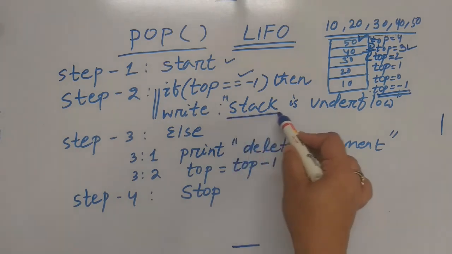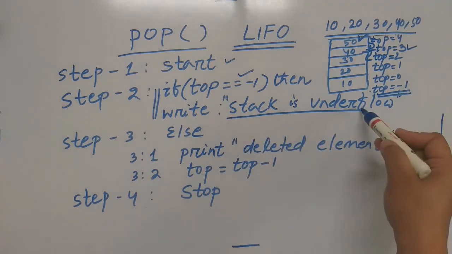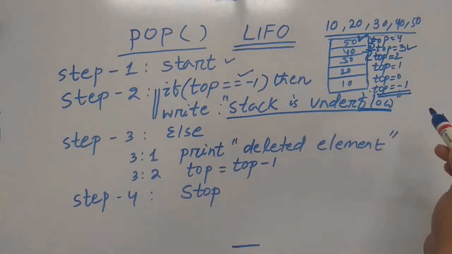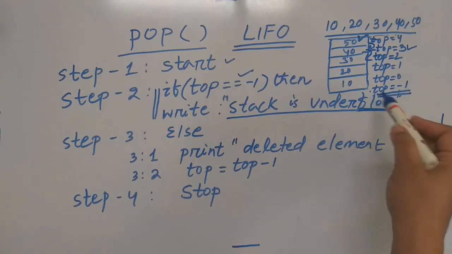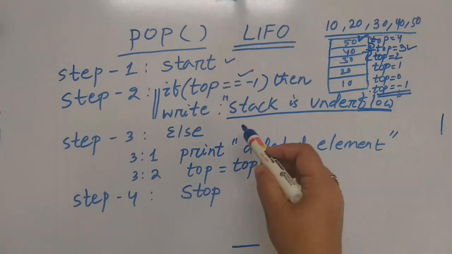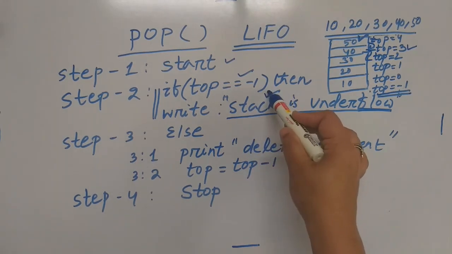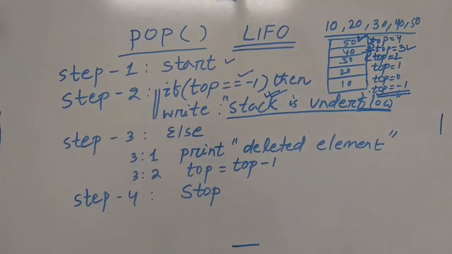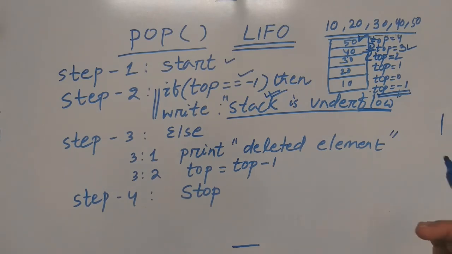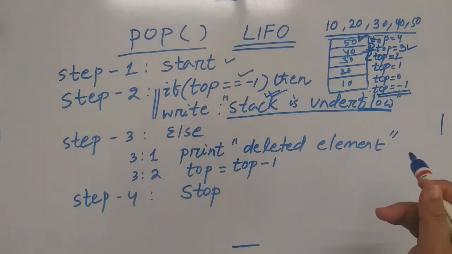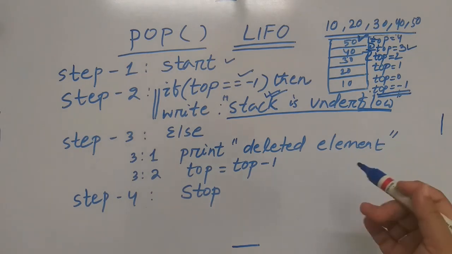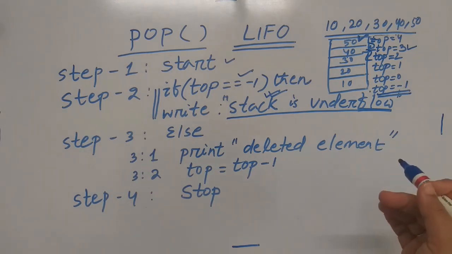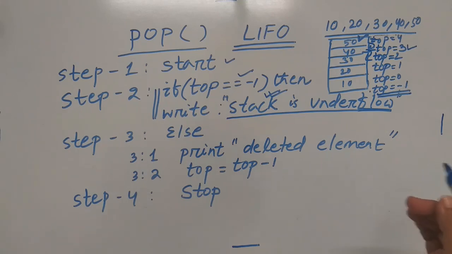So we write stack is underflow. That means there is no element left to delete from the stack. Okay, so we go outside of that stack, and this message is shown on your screen. So this is all about the pop operation, meaning how you pop each and every element one by one from the stack. Thank you.